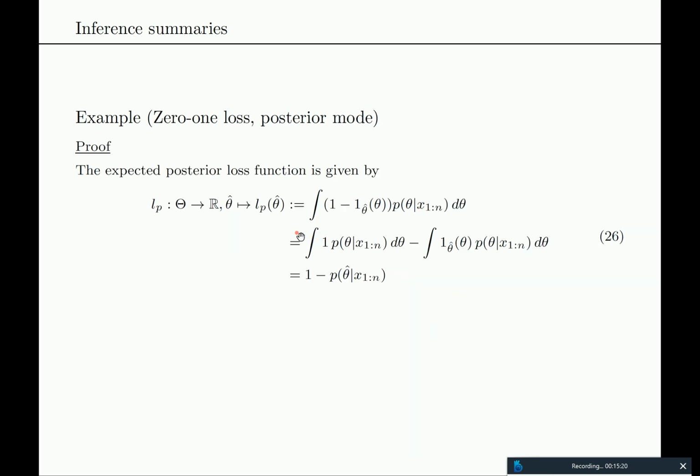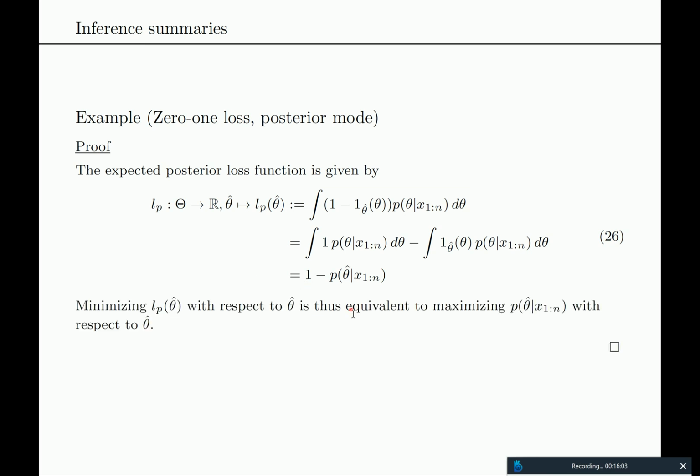Again, you can show that by putting your loss function into the expression for the expected posterior loss, and then divide it into two integrals, and one of them just integrates over the posterior distribution with respect to 1, so you get 1 minus, and here you integrate over theta, so this is 0 all the time, but if theta hat equals theta, you get out p of theta at the location theta hat, so you get this expected posterior loss, 1 minus p(theta hat given x1 to n).